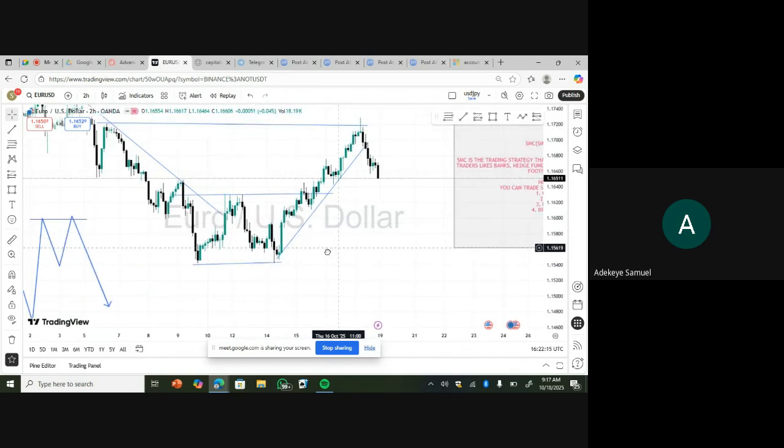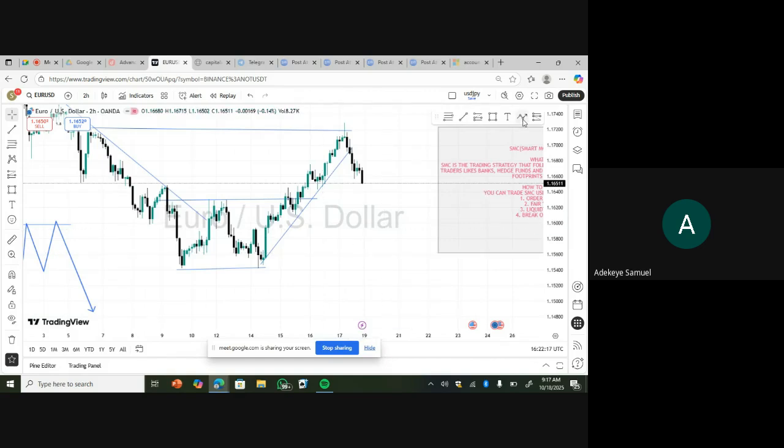Now, after the double bottoms, we have the higher highs and higher lows. And whenever you see higher highs and higher lows, it shows that the market is an uptrend market, not a downtrend. Because one, the chart formation gives us the confirmation of bias, right?